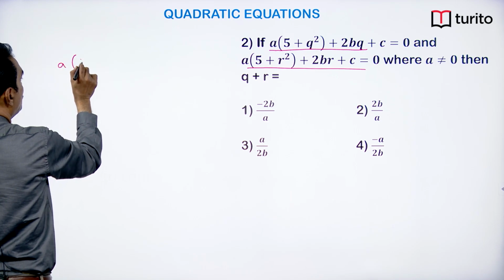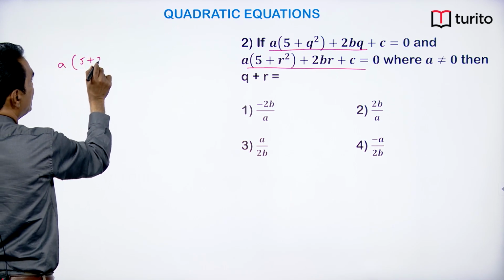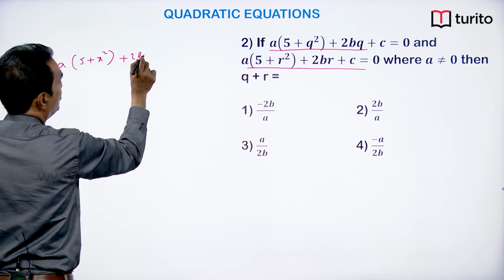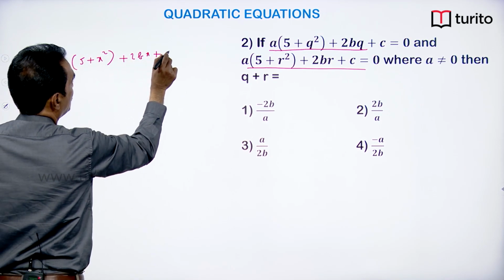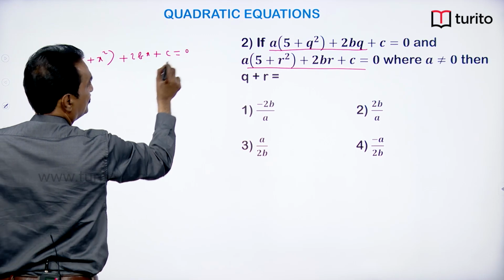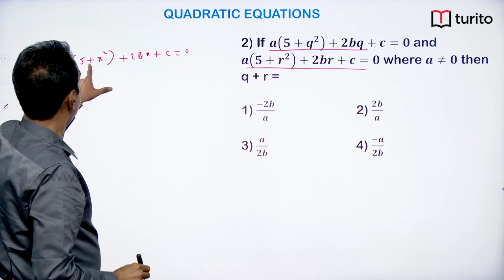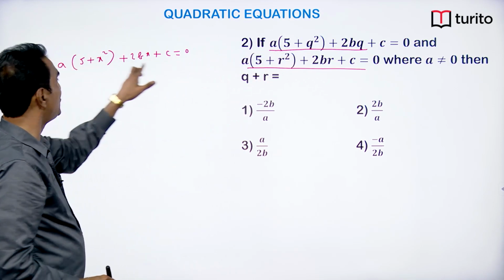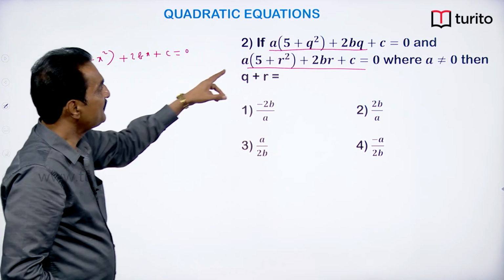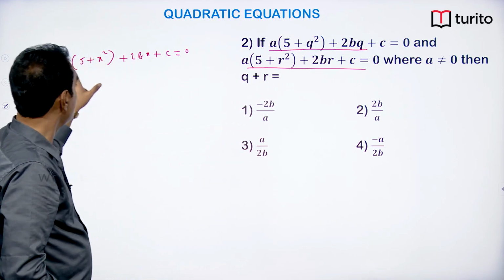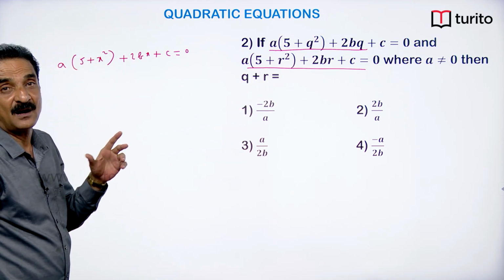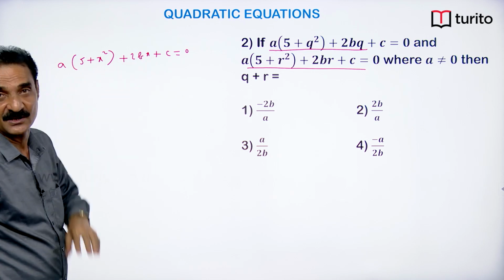A into 5 plus x square plus 2bx plus c is equal to 0. Now, from the first equation, q satisfies this equation. From the second equation, r satisfies this equation. That means q and r are the roots of this quadratic equation.